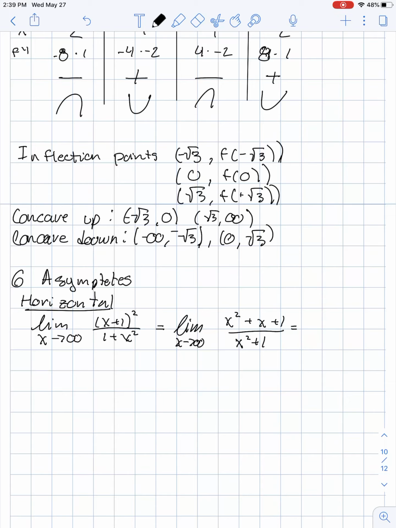So if you do the dividing by the greatest power in the denominator, we get that the limit is equal to 1. So we have one horizontal asymptote at y equals 1.